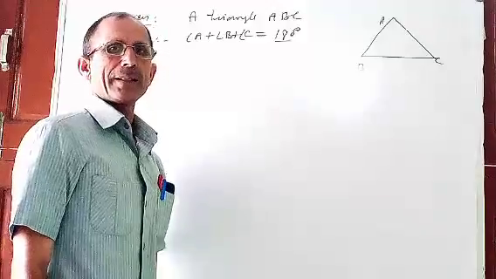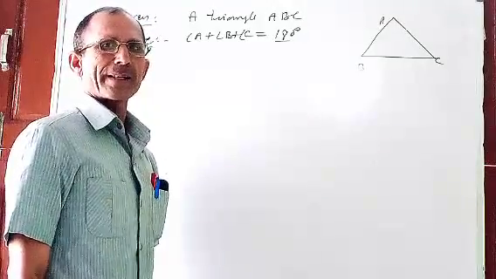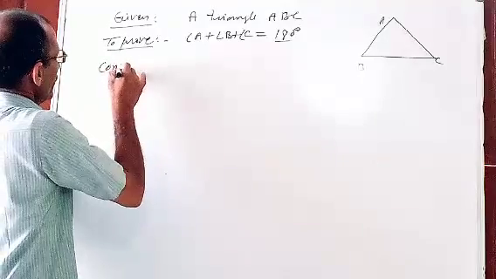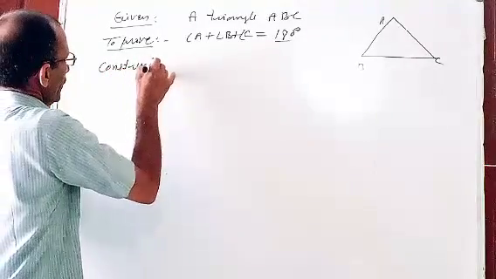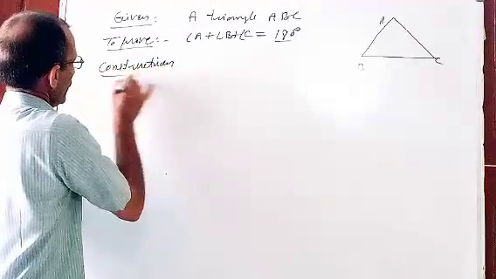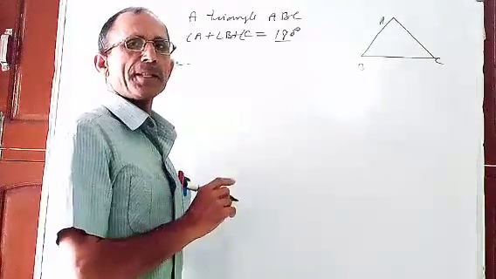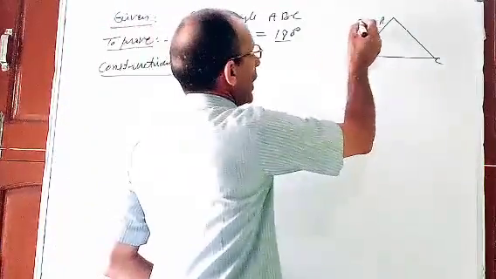Now, in this statement, we need construction. Construction: triangle ABC is given.